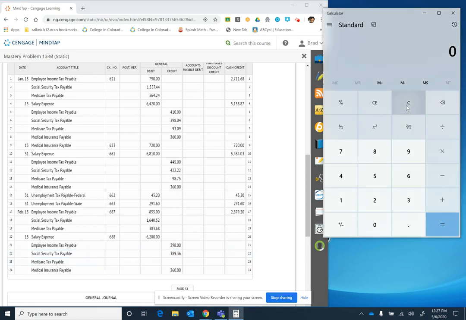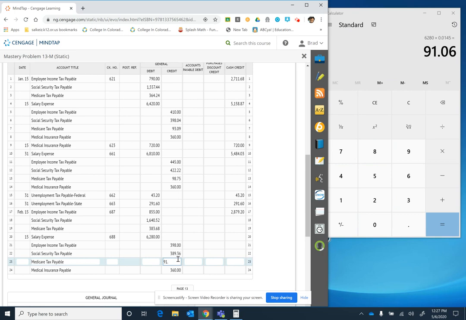And then we have our Medicare tax payable. We'll take our gross pay, 6,280 times that rate, 0.0145, and that comes out to be $91.06. So this is how much money we're going to withhold from our salary expense.